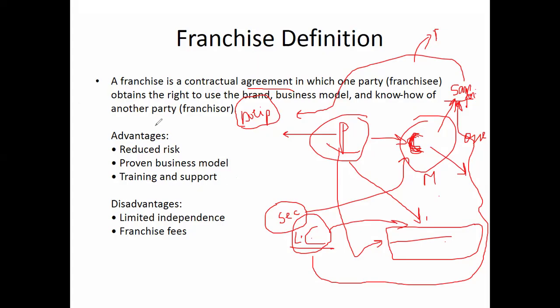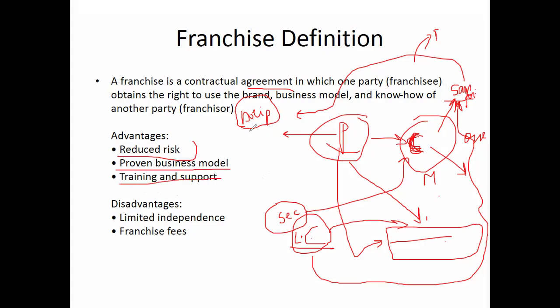This is another type of idea generation, where we take a successful idea from a country and develop it in our country, and it will give us these advantages. It will reduce risk, it is a proven business model, with training and support from the franchise company.